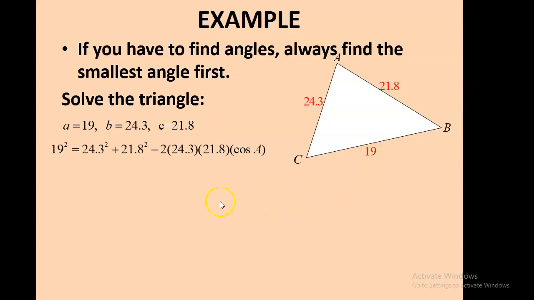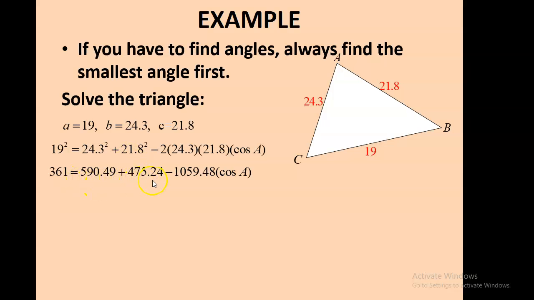And that would be this one, A squared, which is 19 squared, equals B squared plus C squared minus 2 times B times C times the cosine of A. And as complicated as that looks, we're just going to start working with these numbers. 19 squared is 361. 24.3 squared would be 590.49.